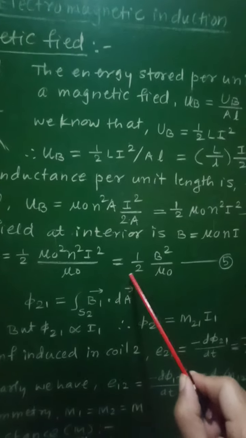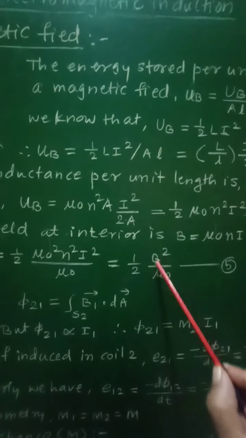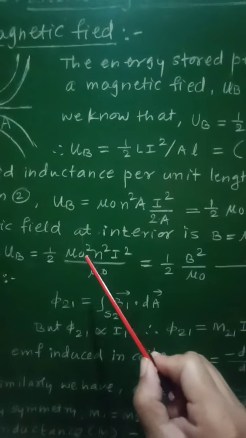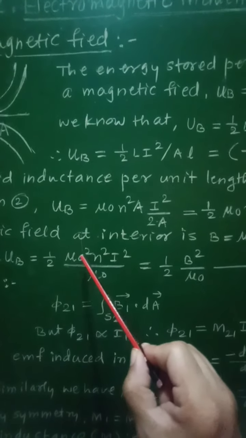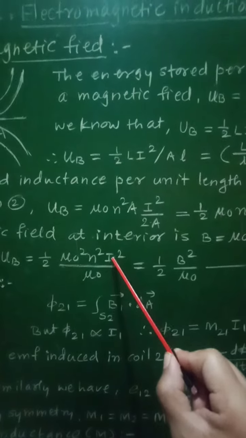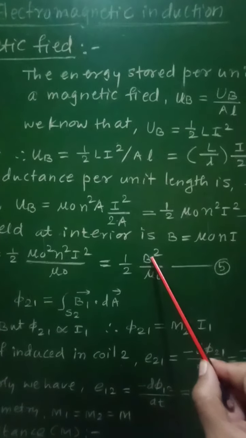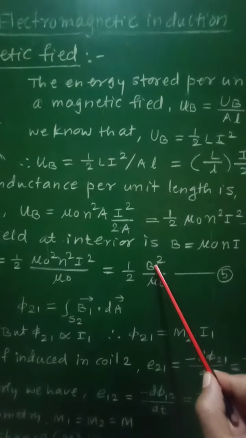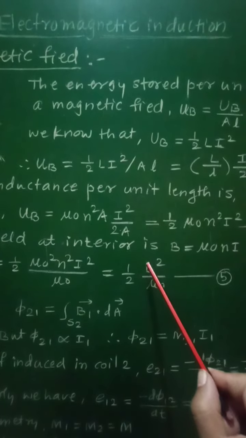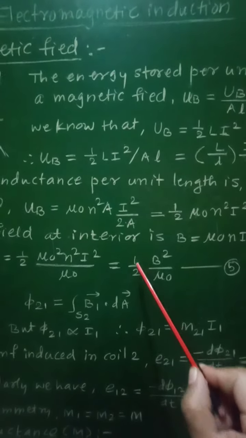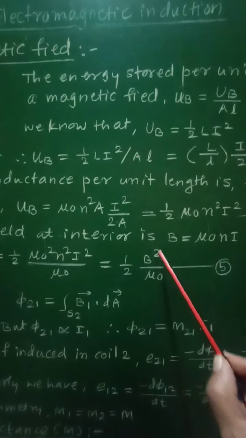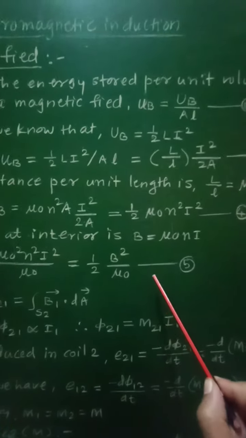So that will be written as half B square upon mu 0, because mu 0 n I represents B, and therefore mu 0 square n square I square will represent B square. Therefore the energy stored per unit volume, that is energy density in magnetic field, is equal to half B square upon mu 0, equation number 5.